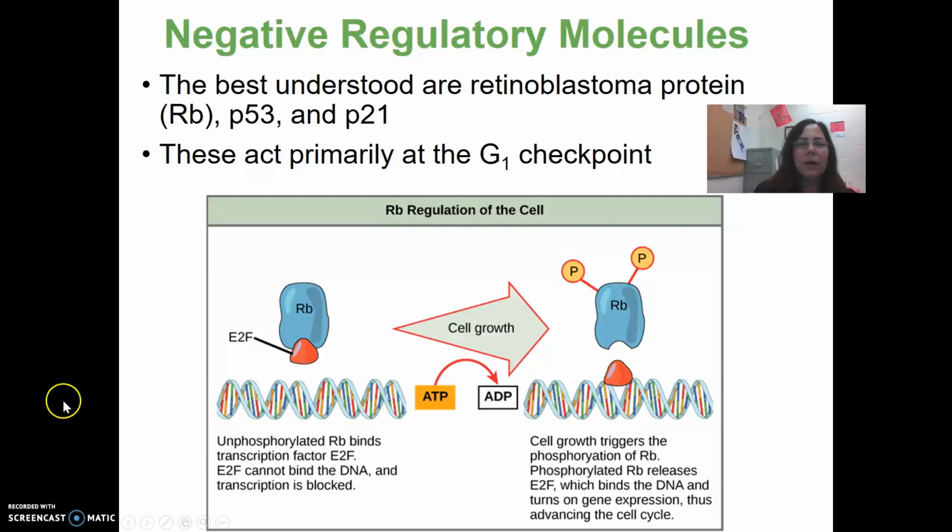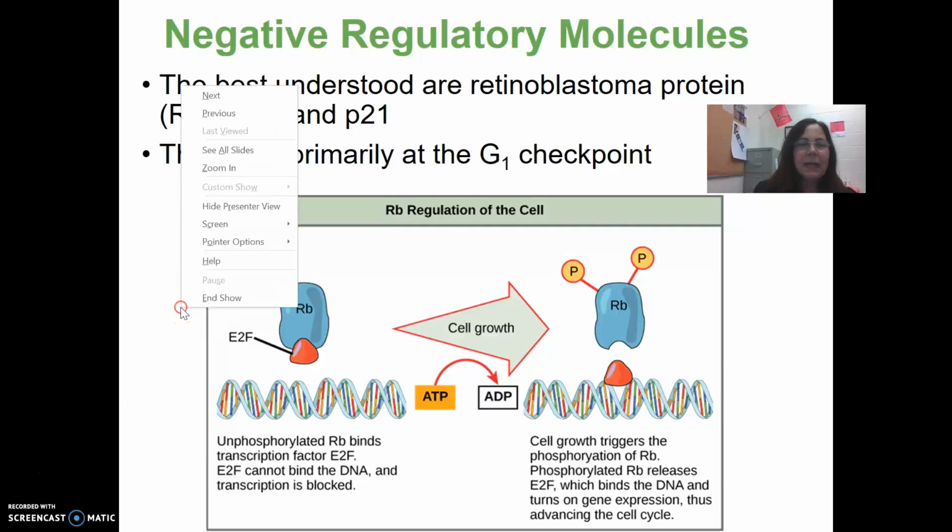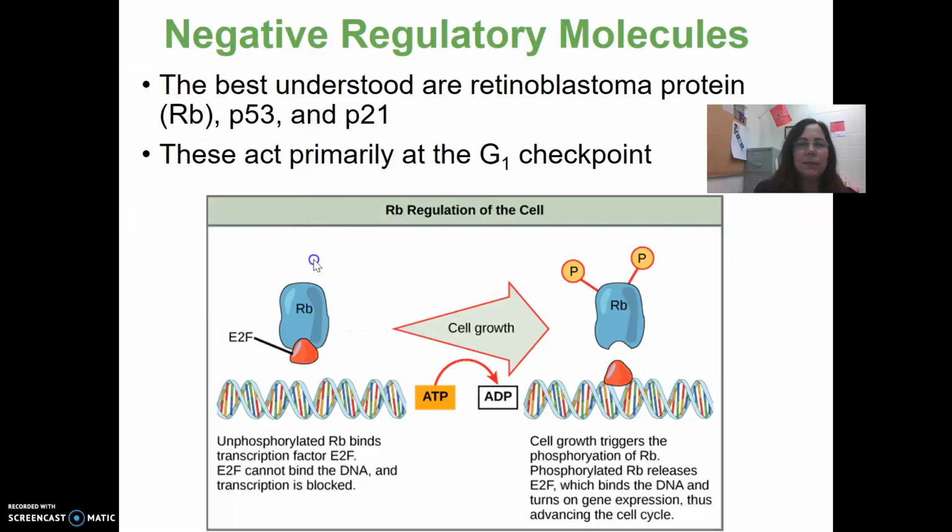This is part 4 of the Chapter 10 lecture notes, and I wanted to go back to this slide where we were discussing negative regulatory molecules. The RB, or retinoblastoma protein, when in its normal state, is bound to E2F, which is a transcription factor. And as long as it's bound, it keeps the cell cycle from continuing.